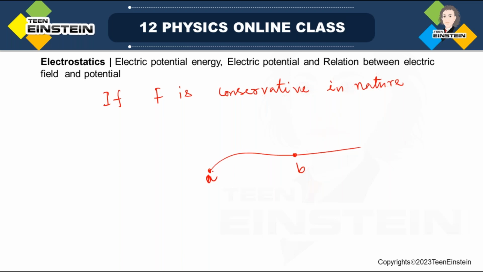While the particle is moving from point A to the other point B, it is moving from a place where potential is ua to a place where potential is ub.